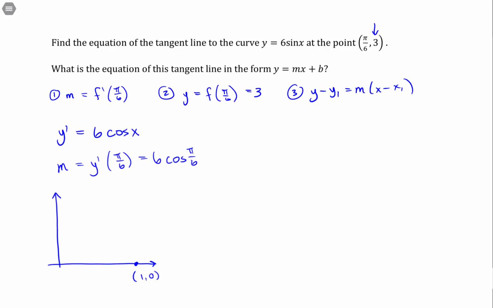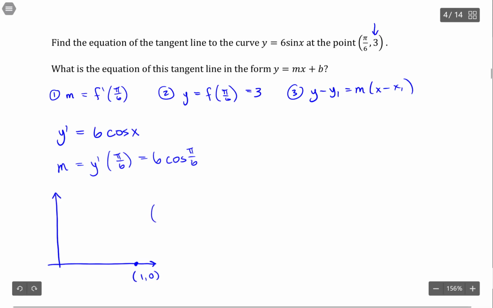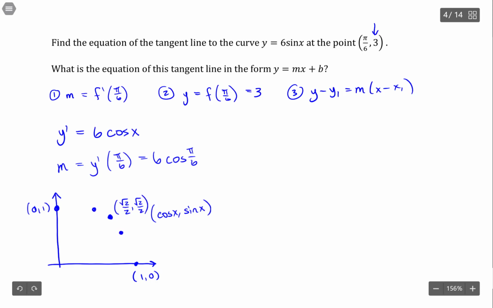And remember, all points here are of the form cosine x, which is the x1, my bad, and sine x, which is the y1. So then up here would be 0, 1. Along the 45 is square root of 2 over 2. That's the easy one. And then you have here and here.